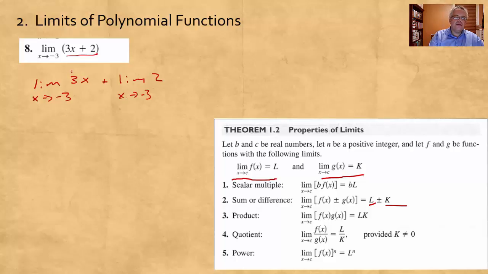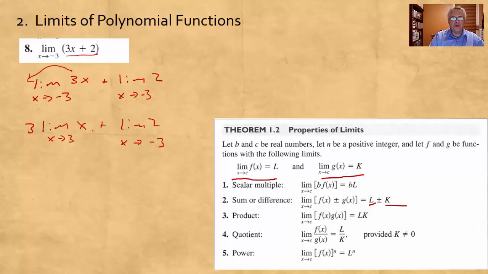Now, I can take this constant out front. Why can I do that? This property. The limit of 3 times x is just 3 times the limit of x, plus the limit of 2. I'm not going to do anything to that one. Now, it seems like I'm making this really complicated, but I was trying to break it down step by step.